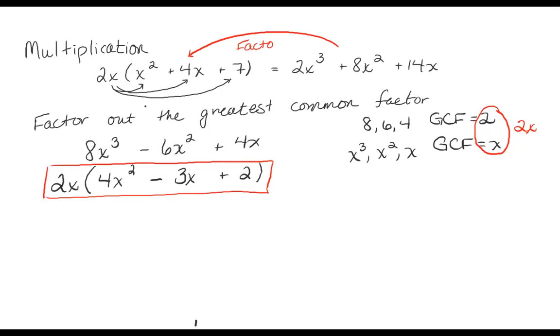In this chapter, greatest common factor is just one piece of the factoring process, and it's usually the first piece. The first thing we want to do is factor out the greatest common factor, and then what comes next depends on what kind of expression we have. So we're going to divide up the rest of this into a general factoring strategy based on the number of terms.